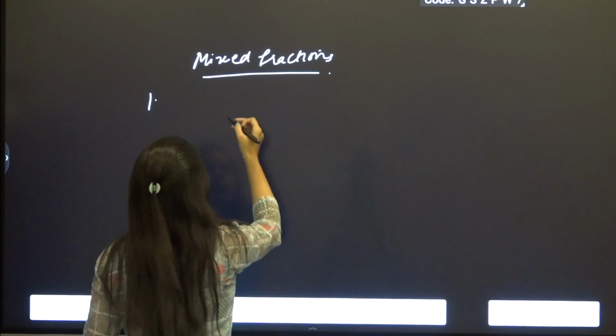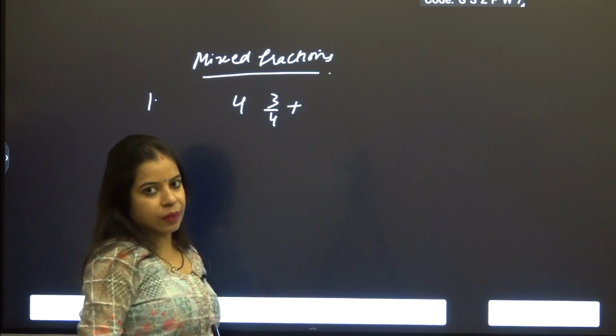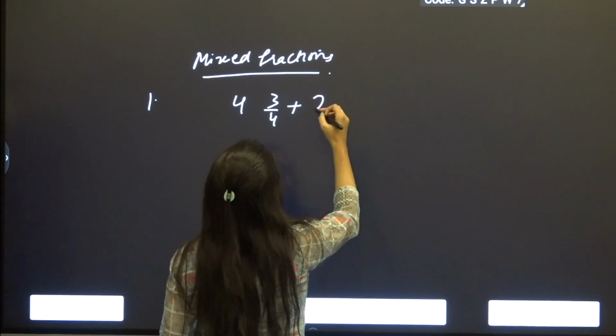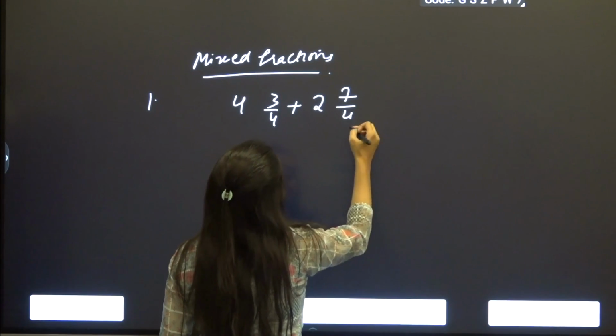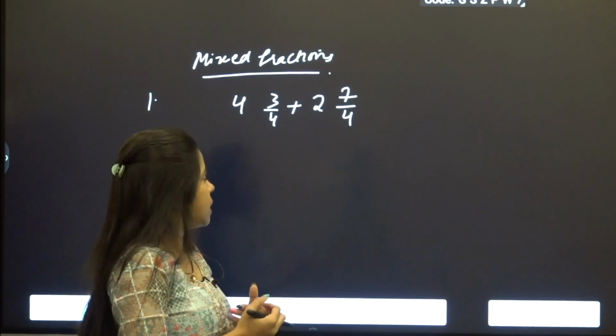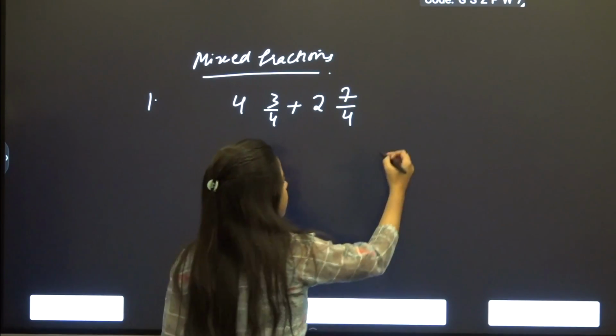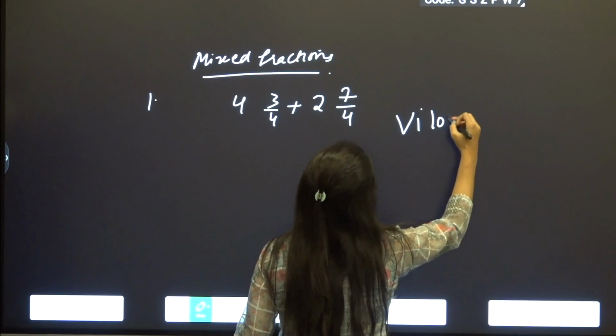Say we have 4 3 by 4 plus 2 7 by 4. If you observe, that is nothing but the sutra Vilokanam.